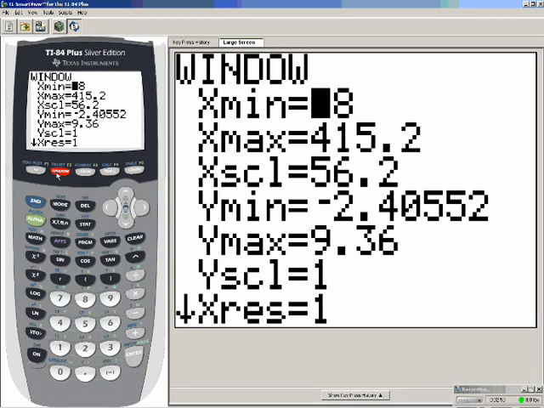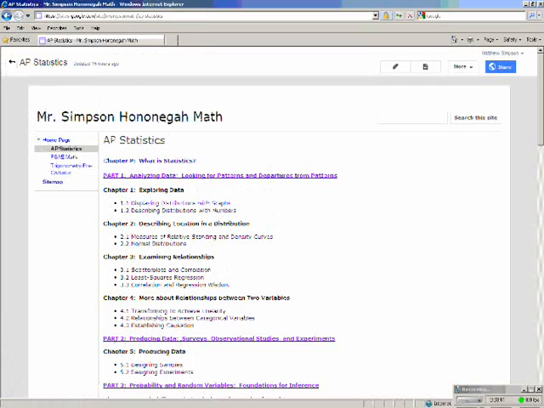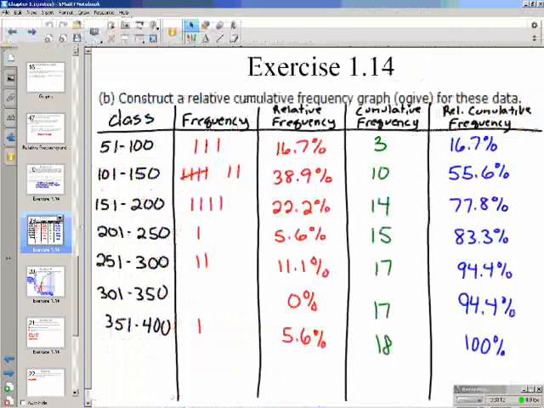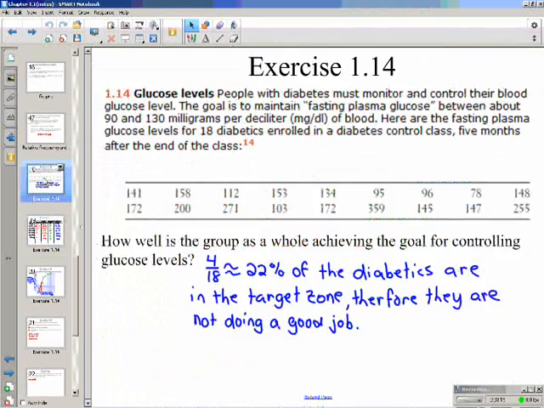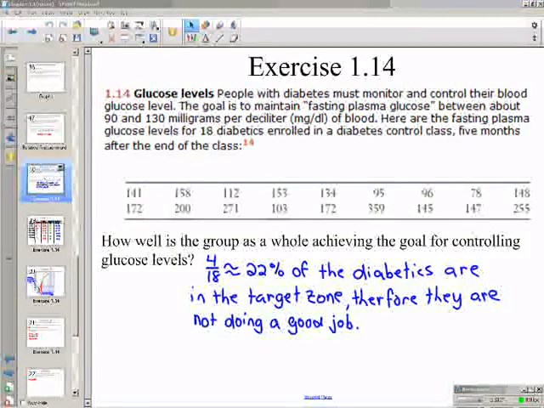We want to go from 51 up to, biggest one is 340, so actually let's go from 51 to 400. That includes all of our data points then. Remember our data points, in this section went from a low of 78 to a high of 359, so that should include everything.